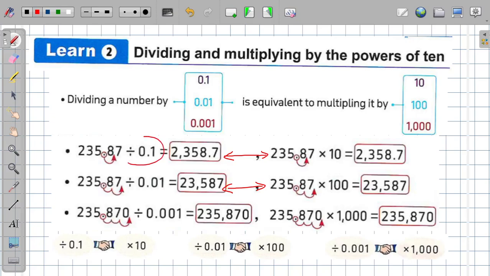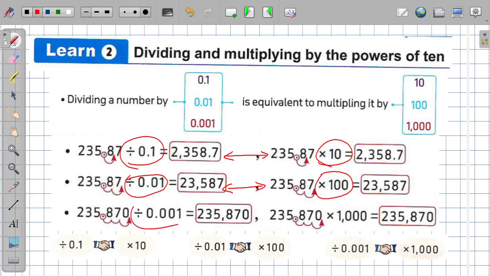So this operation is equivalent to this operation, and this operation is equivalent to this operation. So dividing by 0.1 is equivalent to multiplying by 10. Dividing by 0.01 is equivalent to multiplying by 100.